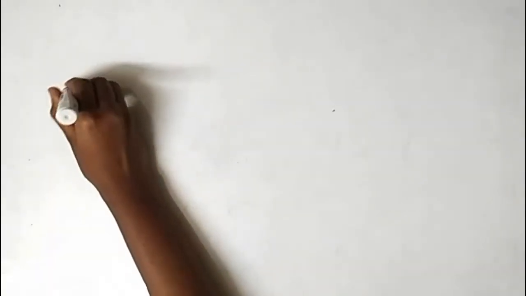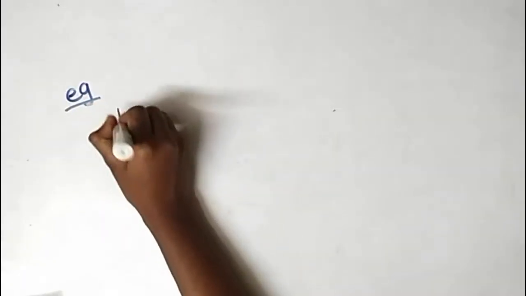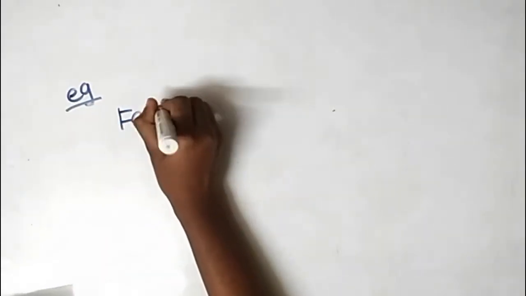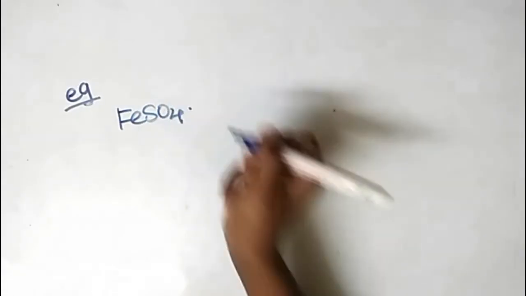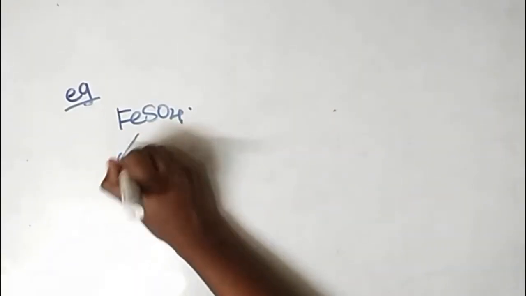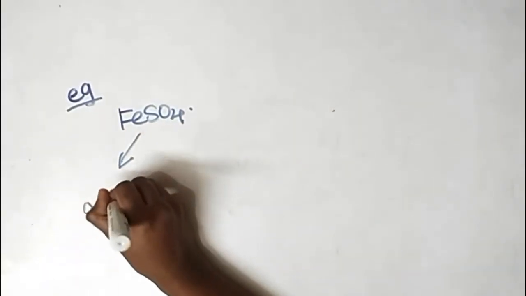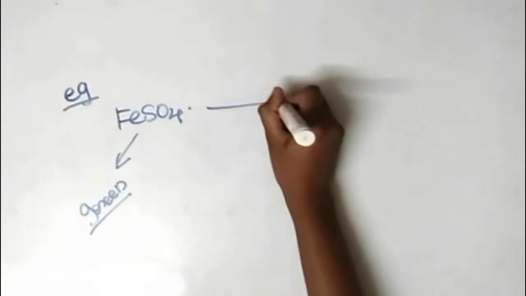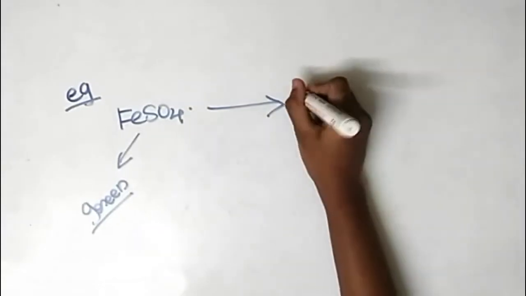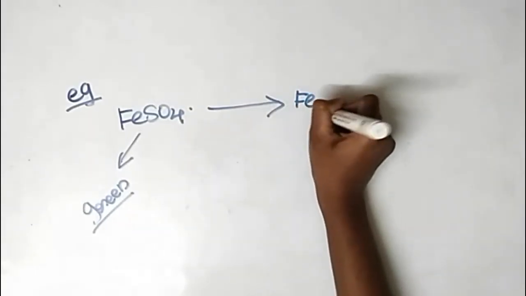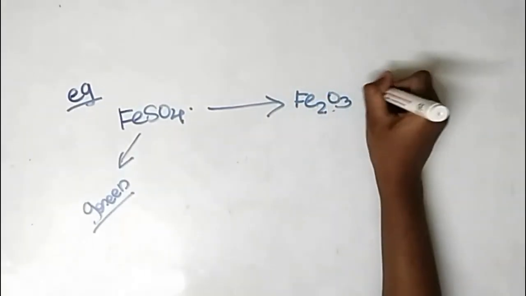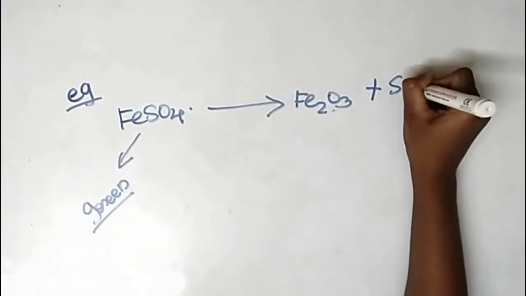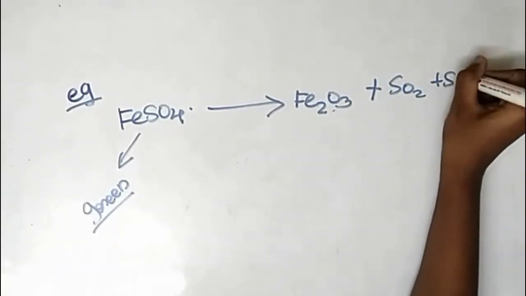For the first example of the decomposition reaction, we can take ferrous sulfate. This ferrous sulfate is green in color. When you heat it, the ferrous sulfate decomposes to ferric oxide, Fe2O3, plus SO2 and SO3.